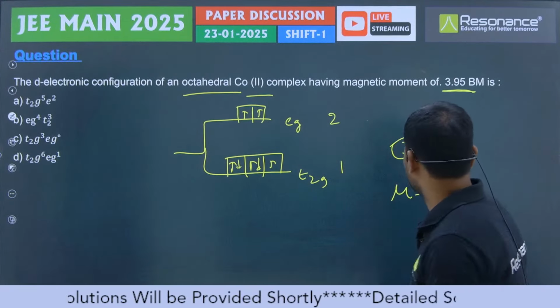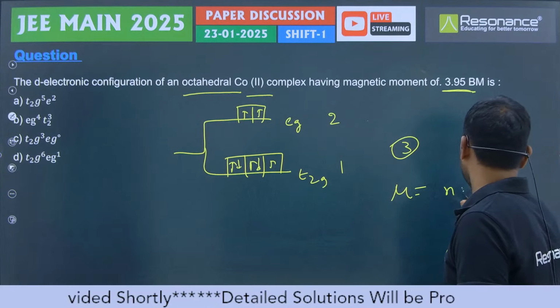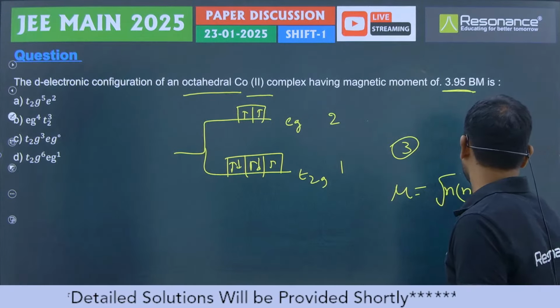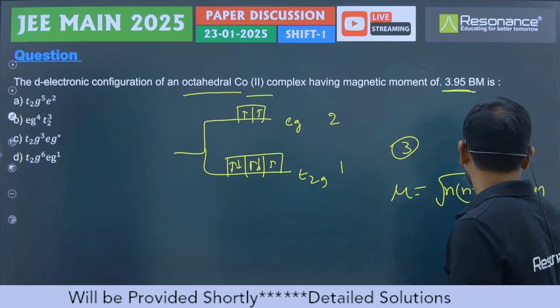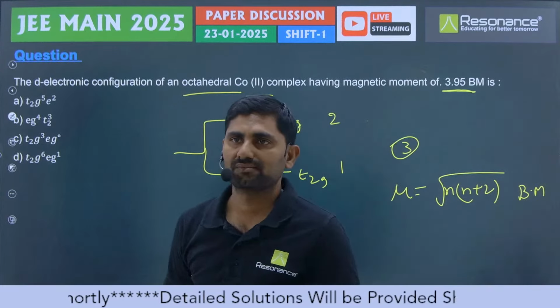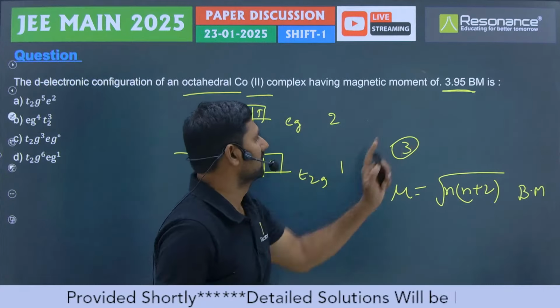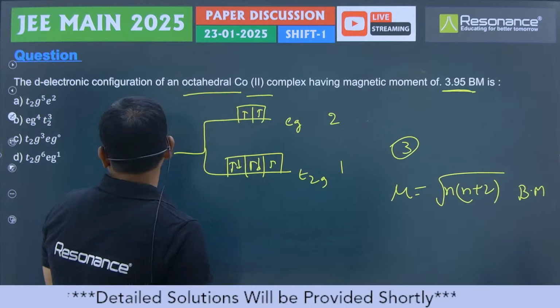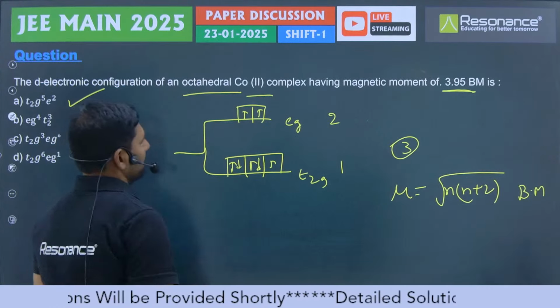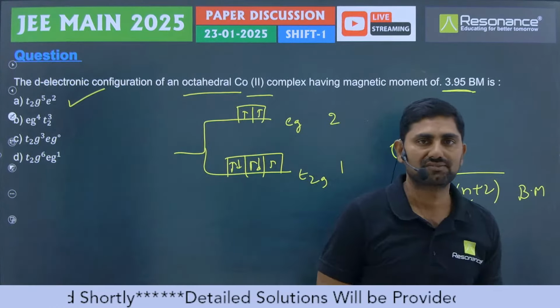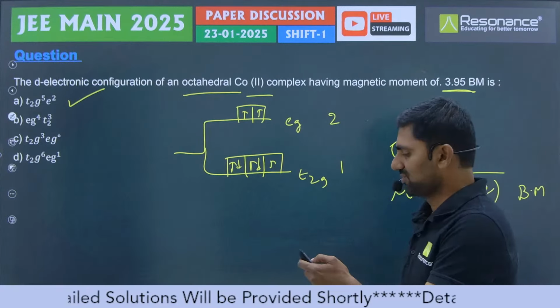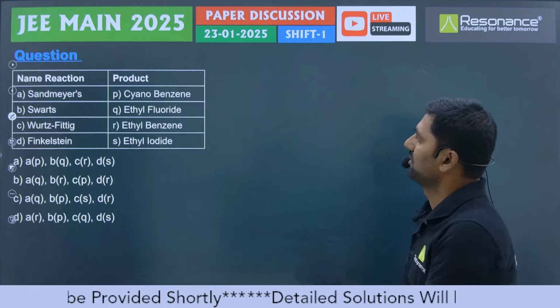If you substitute magnetic moment equal to root of n into n plus 2 BM, here we can get n value is nothing but 3. So that is the reason we said 3. Now where are we getting 3 unpaired electrons? So option A is matching for you. It is a basic question basically, not a difficult one.